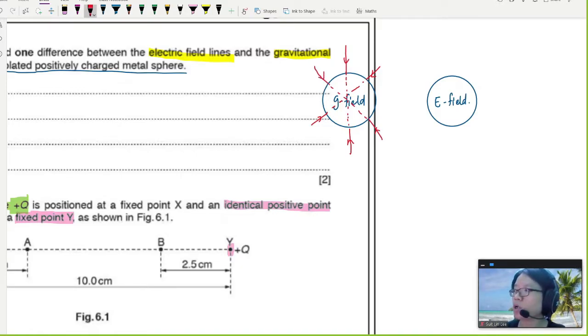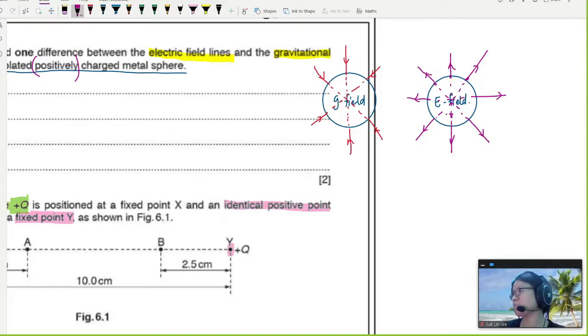Whereas for a positively charged metal sphere, it will still be radial, but the direction will be pointing outwards, because we define electric field as the direction of force on a unit positive test charge. There is no repulsive gravitational field, but there could be a repulsive electric field, like for example this positive charge.